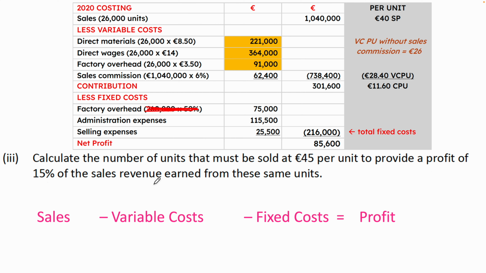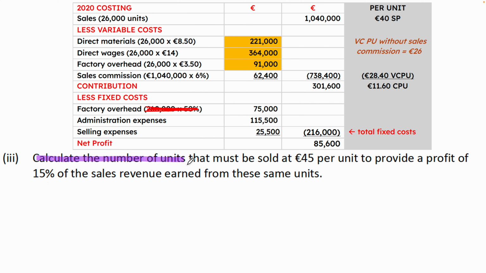So what we'll do first, we're going to write out the formula. So sales less variable costs less fixed costs is equal to profit. So this formula is very important. You're going to use it the entire time. And this question is basically just an algebra question.